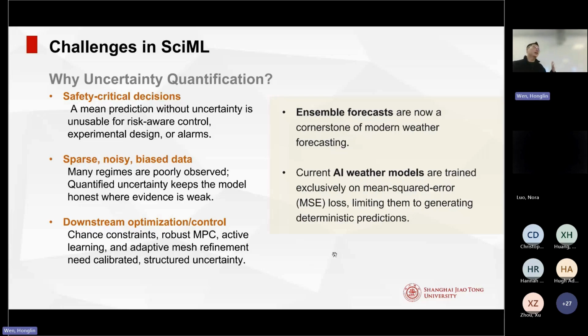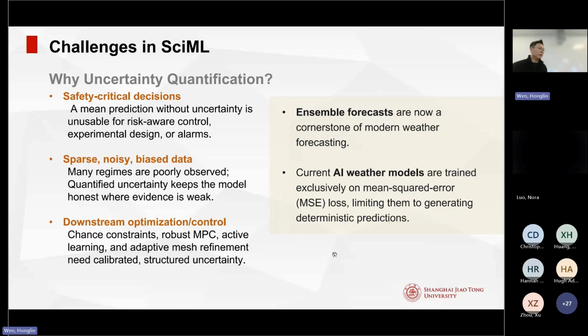Let's say for the weather, the weather agency will always issue a probabilistic forecast. They will not give you just 1 point forecast, because the world is random, and it may be the initial condition, maybe the boundary, maybe the hyperparameters, or the force terms, or anything.